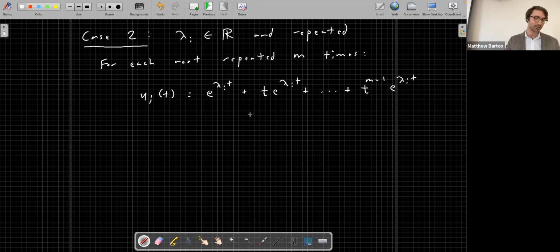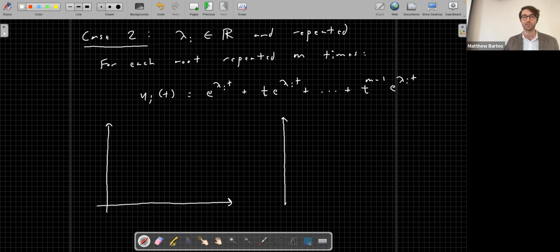Okay, so what will the response look like for this case? Let's look at the case for lambda as positive and lambda as negative. So first, let's look at the positive case. What'll the response kind of look like? And you don't have to describe exactly what it'll be, but what'll it look like for lambda_i greater than 0?